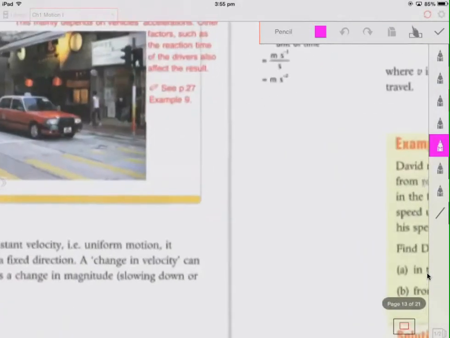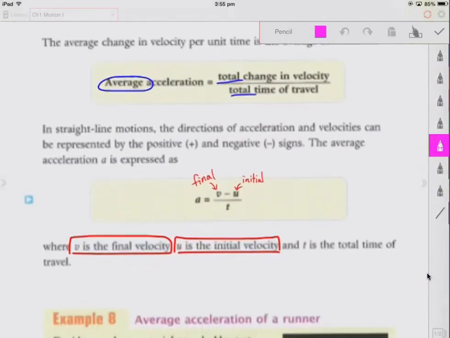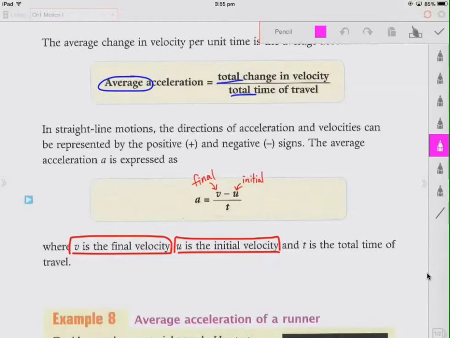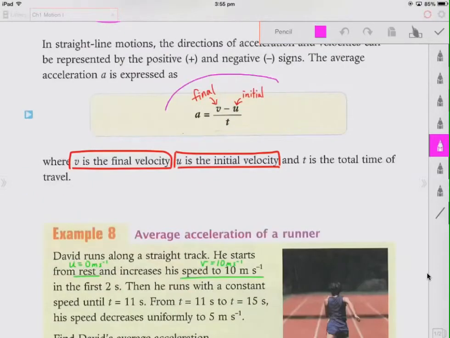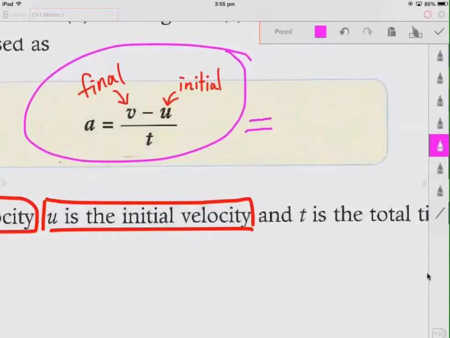Next page. Again, when we are saying average speed, average velocity, or average acceleration, we are talking about the total change. And the formula for acceleration is v minus u over time. This is exactly what I wrote, delta v over time.